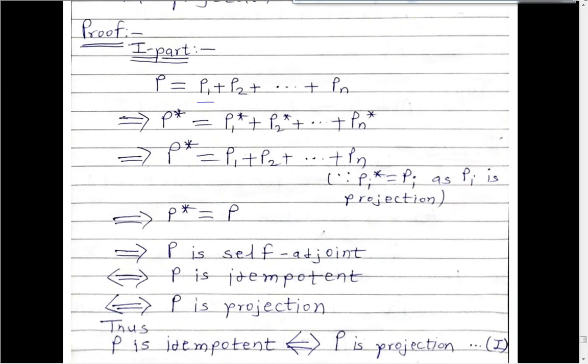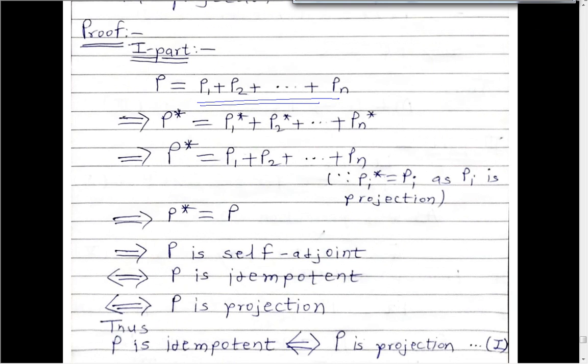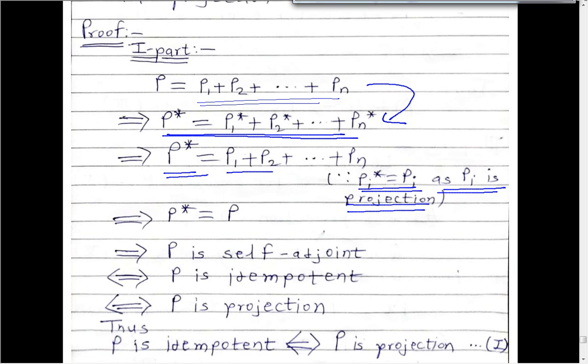So consider P equal to P1 plus P2 plus ... plus Pn. Then P star will be equal to P1 star plus P2 star plus ... plus Pn star. Since Pi star equals Pi, as Pi is a projection, we have P star equal to P1 plus P2 plus ... plus Pn.